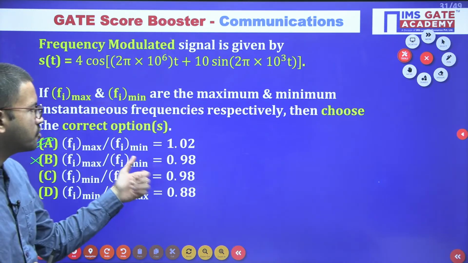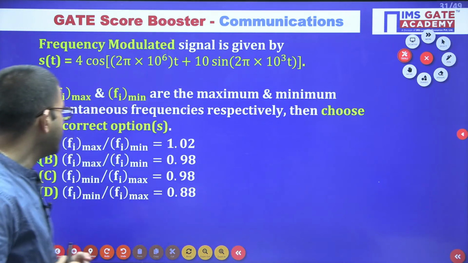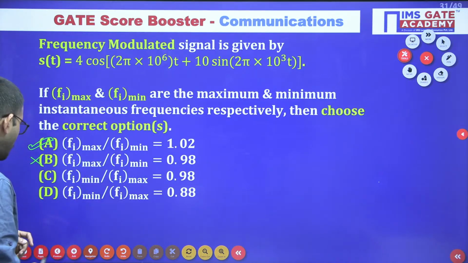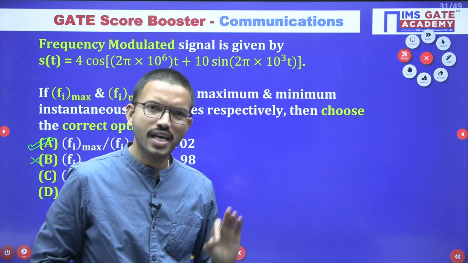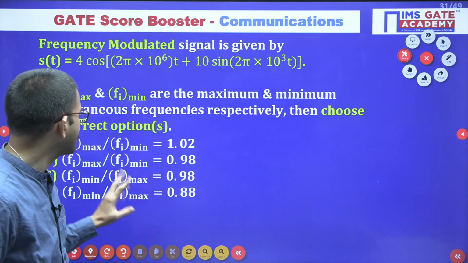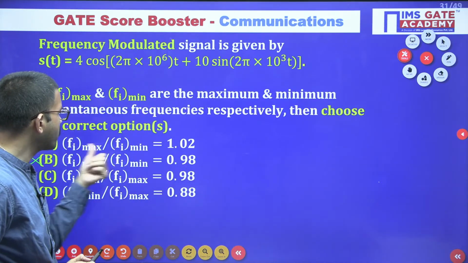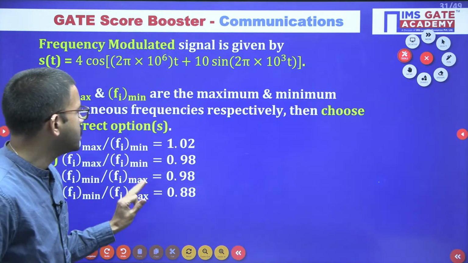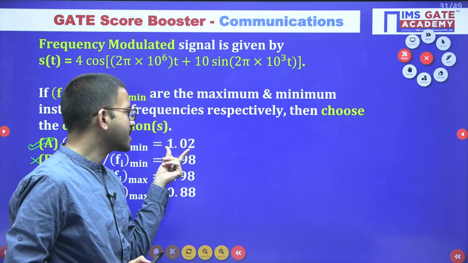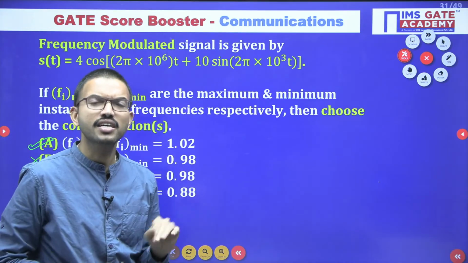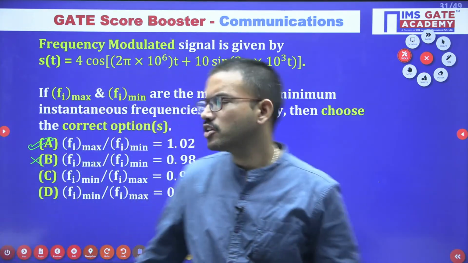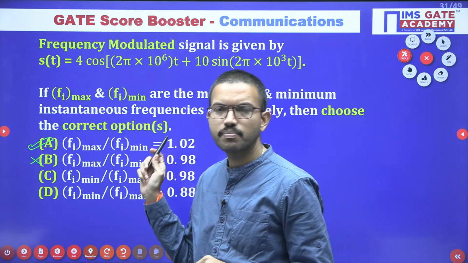Once option A is correct, you can eliminate option B. Actually this question is MSQ. But suppose this question is MCQ, and among all the options regarding Fi max divided by Fi min only one option is greater than one and the remaining options are less than 1, you can straight away choose option A as the correct one.